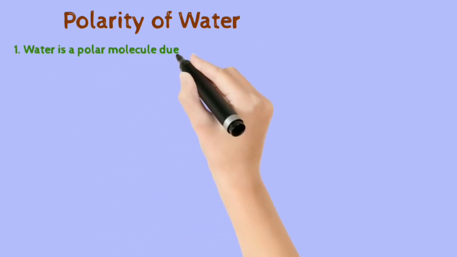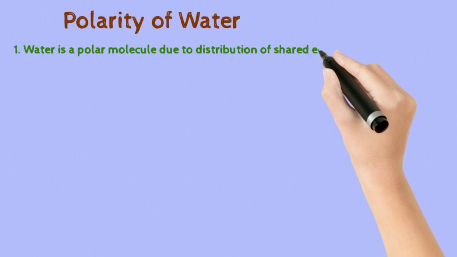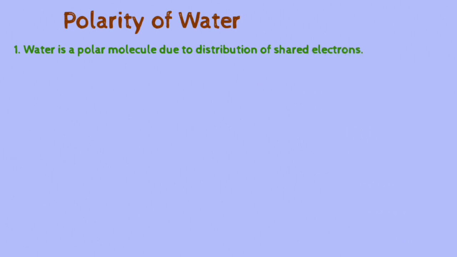Water is a polar molecule due to the unequal distribution of shared electrons. This is because oxygen is more electronegative than hydrogen, so electrons are more attracted to oxygen than to hydrogen. The region near the oxygen atom has a partial negative charge, and the region near the hydrogen atom has a partial positive charge.